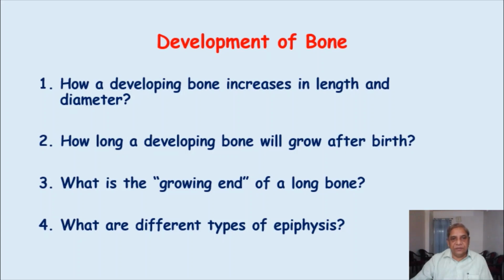The second question we will deal with is how long a developing bone will grow after birth. You have seen in the last video that the primary center of ossification in long bones of limbs usually appears at the 8th week of intrauterine life, and forms the diaphyseal part of the bone.